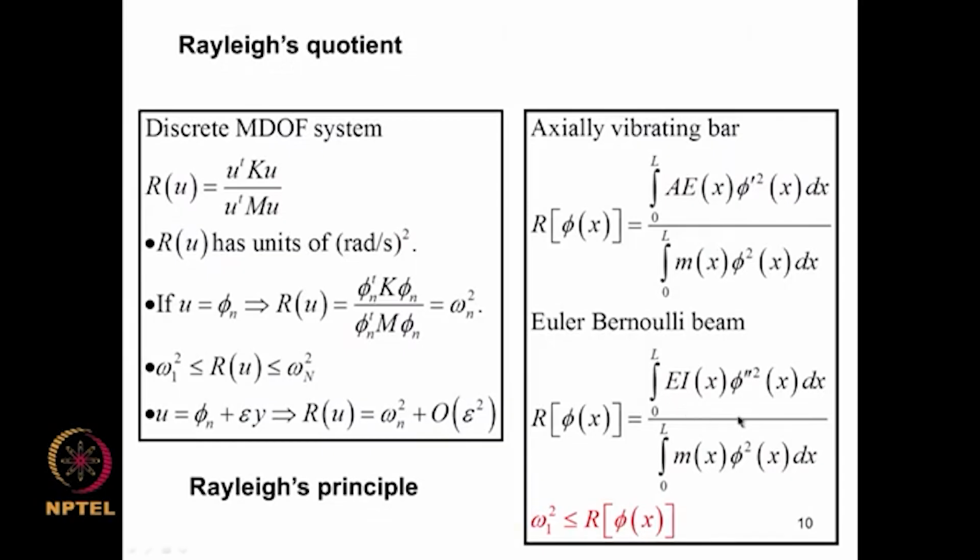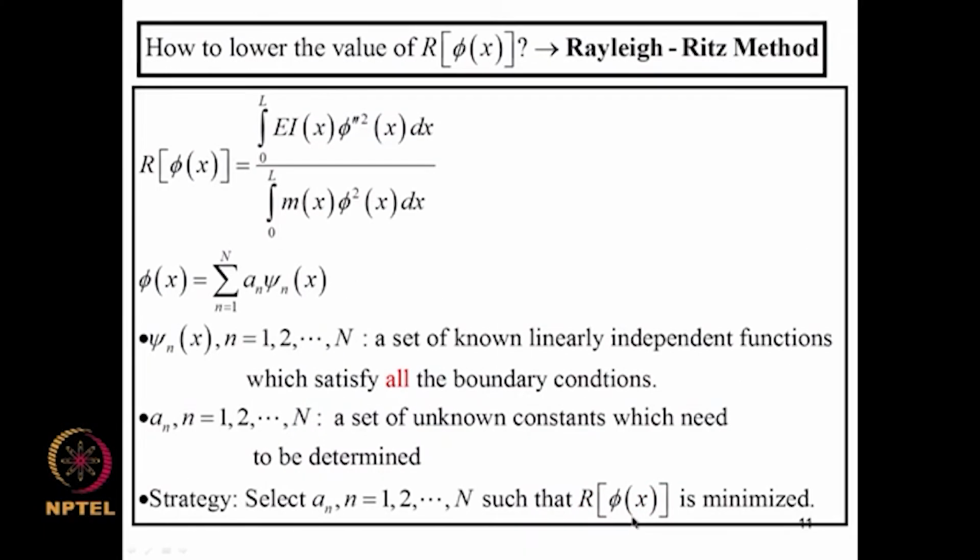phi of x are the trial functions, and the choice of these trial functions plays important role in application of these methods. And among different choices of trial functions, the one which provides the lowest value of Rayleigh's quotient provides the best estimate to the first natural frequency. So in our endeavor to lower the value of Rayleigh's quotient, we introduced the Rayleigh-Ritz method, where the trial function was represented in a series of orthogonal functions typically, and ANs were the generalized coordinates, and we minimize Rayleigh's quotient with respect to these ANs.